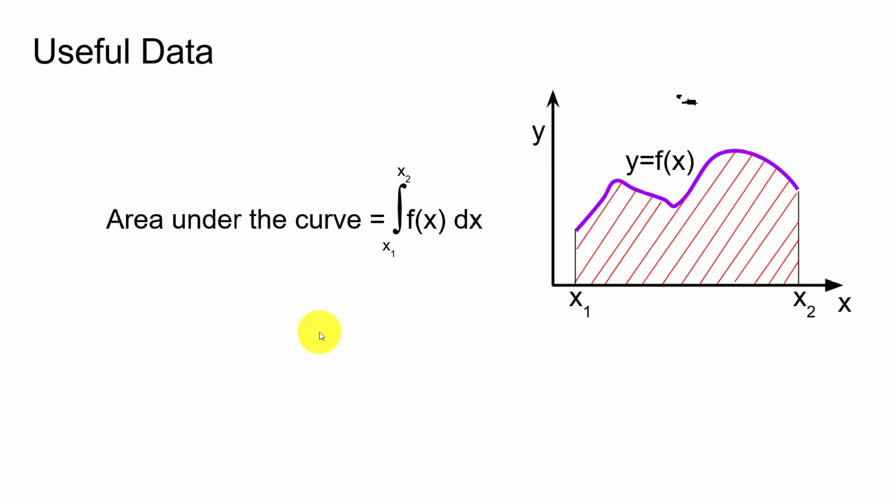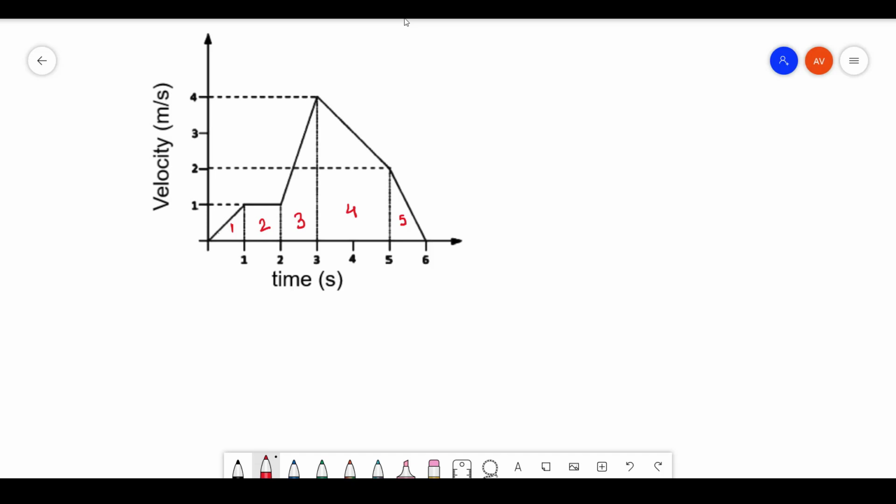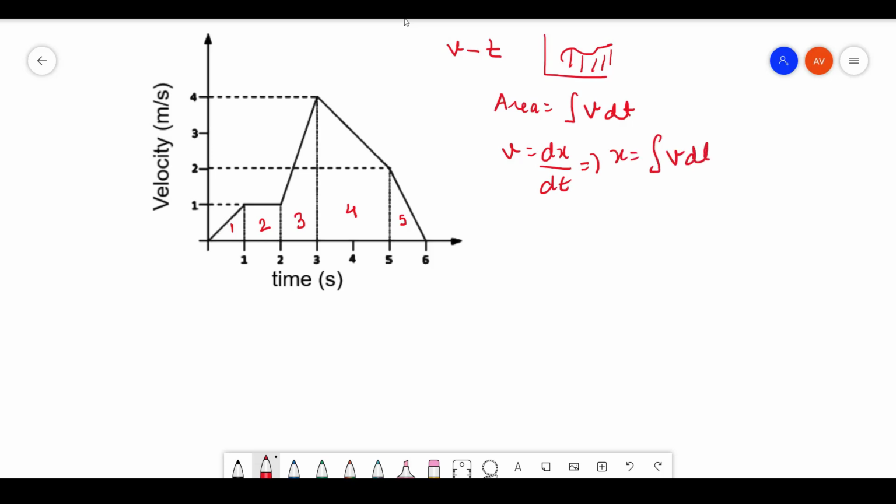So let's go ahead. Now they have given us a velocity time plot here. Like I said before, if you have any plot, the area under the plot is the integral of that particular variable, that is, area is equal to the integral of v dt. Now you know that velocity is displacement by time, so x is going to be the integral of v dt.